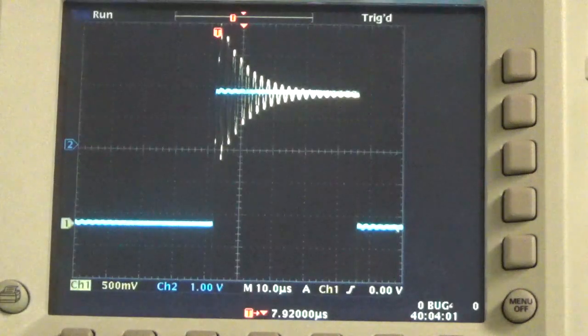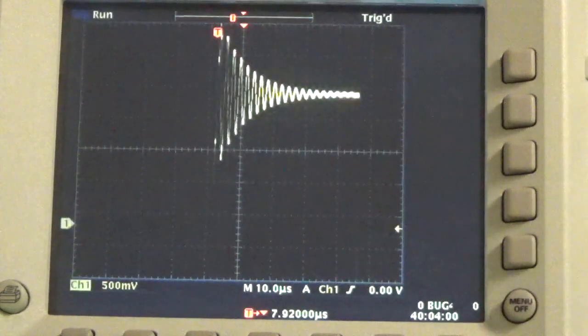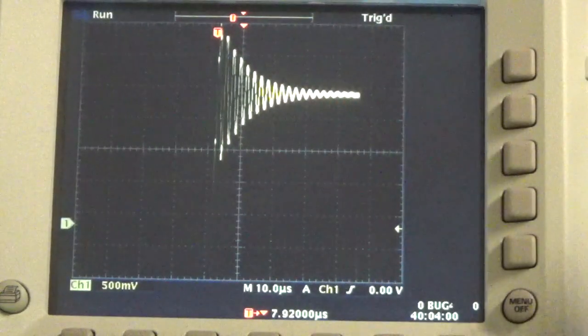And now we need to measure the periodic time for the oscillation. So how to do that? I will remove the power supply signal, so we don't need it, and then I will focus on this.